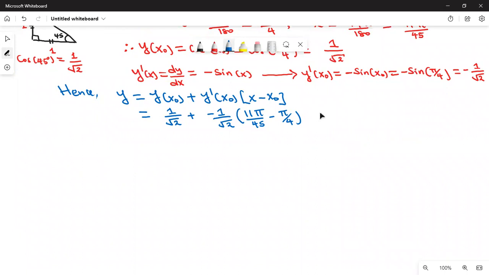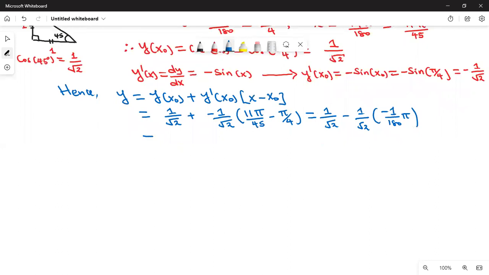That should give you negative 1 over 180. So when I work this out, I'm going to get 1 over root 2 minus 1 over root 2 times negative 1 over 180 pi.